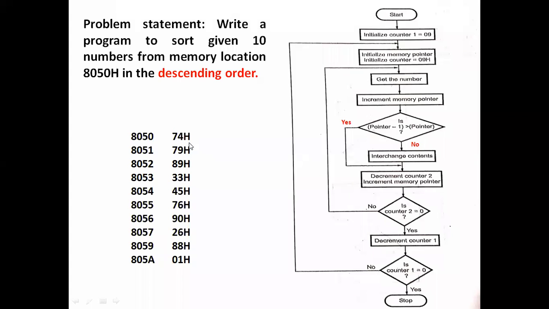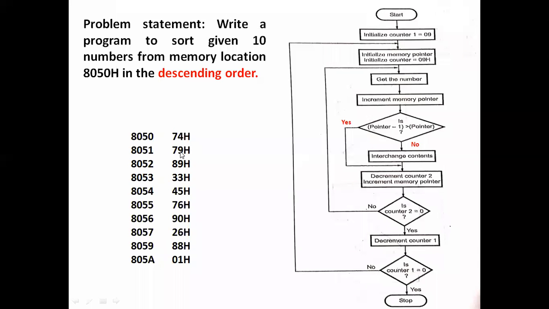So in descending order, first of all, we compare the first two numbers, and according to their values, the numbers are replaced. Since 74 is smaller and 79 is greater, we will put 79 here and 74 here.